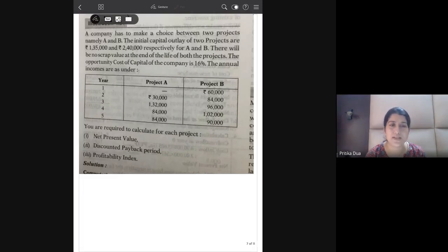Please start with the first part of the question, wherein you need to calculate the NPV, and the cost of capital or the discount rate is 16%. So you are having the present value tables before you. Please start with the first part of the question, calculation of NPV.